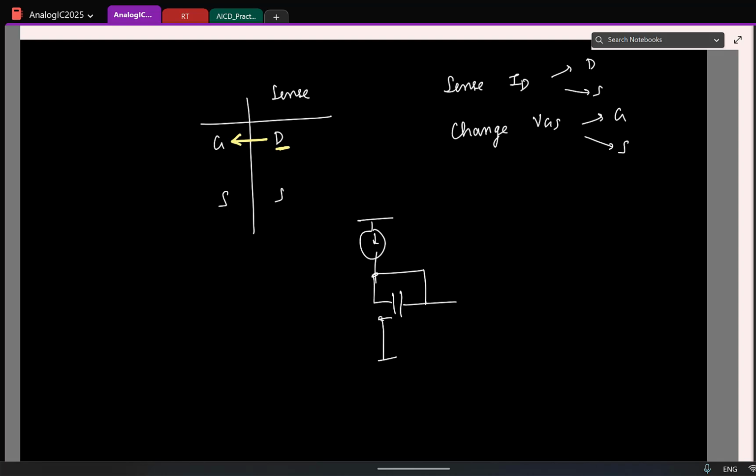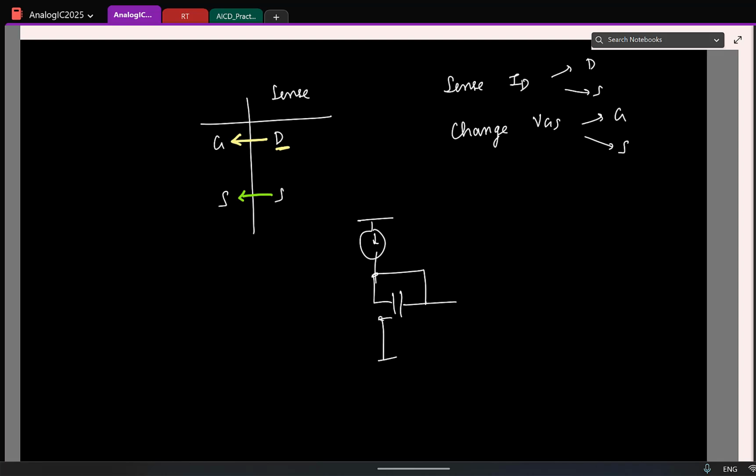So we will look at only one more, that is this interesting combo of sensing the current at the source side and changing the source voltage itself, because these two are pretty commonly used. So we'll just look at these two, and this is much simpler. We'll finish in a couple of minutes. But is the overall principle clear? The point is we want to do constant current biasing, and that can be established by some kind of feedback mechanism, which means you sense the drain current and change the gate to source voltage.